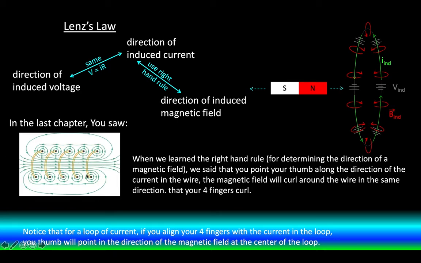So in earlier lectures, I was talking about you have a straight part and a curly part. You align your 4 fingers with the curly part and you align your thumb with the straight part. If I have loops of wire, I could have my 4 fingers be the loop and my thumb will be the magnetic field through the center of the wire.